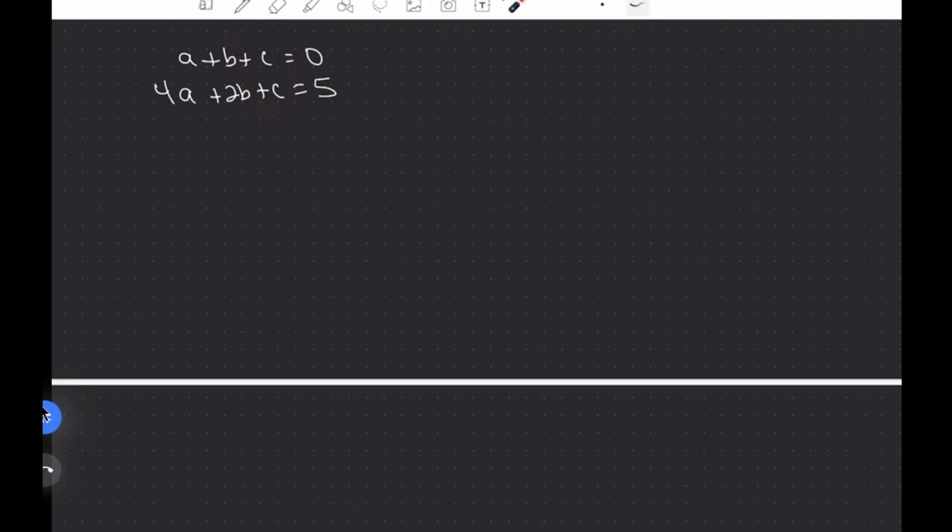So I can either multiply the top by a negative or I can do the bottom by a negative. Which one do you want? Top. So I'm going to multiply this whole entire top by negative 1, right? That's accurate. So now I have negative A minus B minus C equals 0.